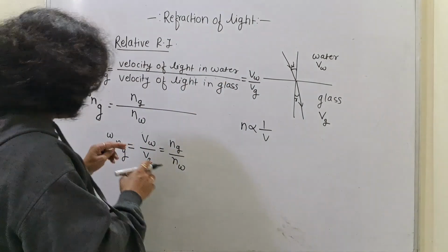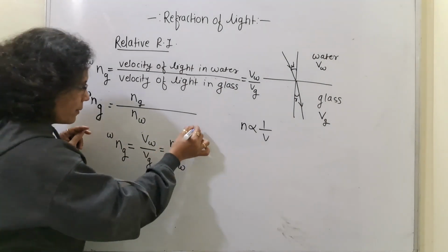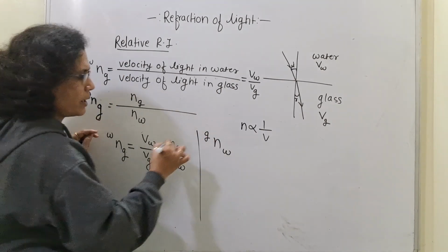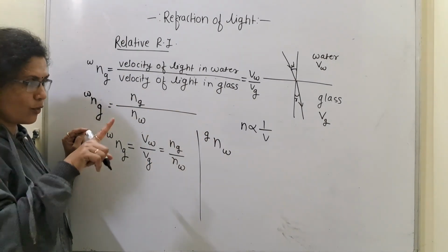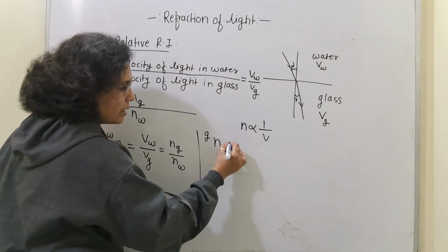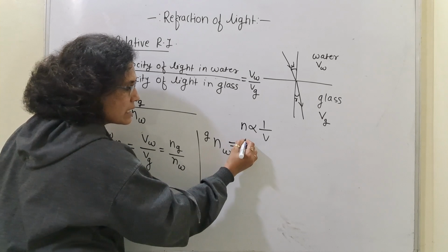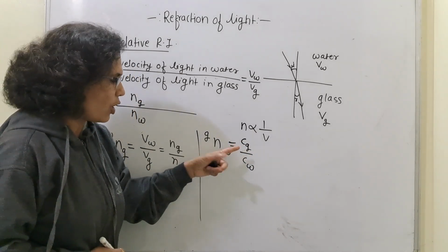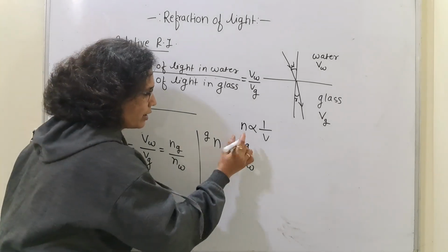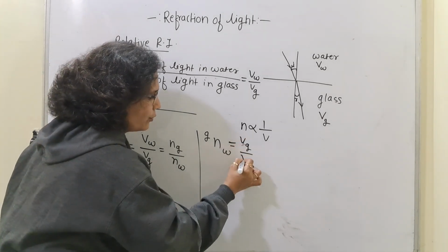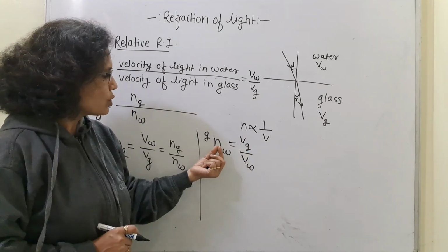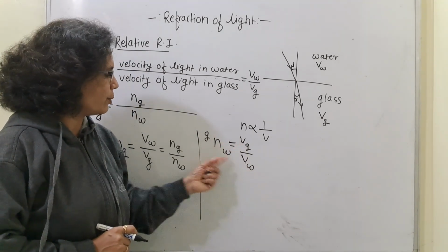You understood the concept of relative refractive index? See, here if I want to write opposite, see, if I want to write refractive index of water with respect to glass, then I have to write Vg upon Vw. In your book, it is used the notation as V. So, Vg upon Vw.